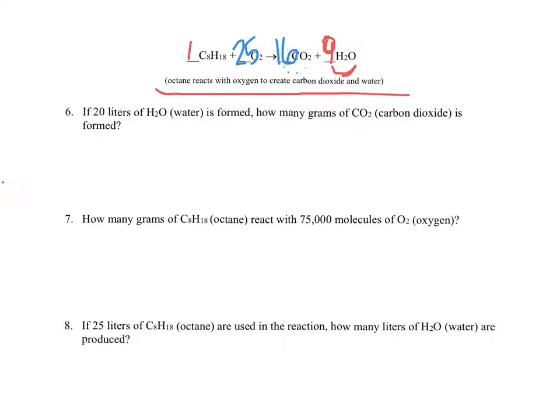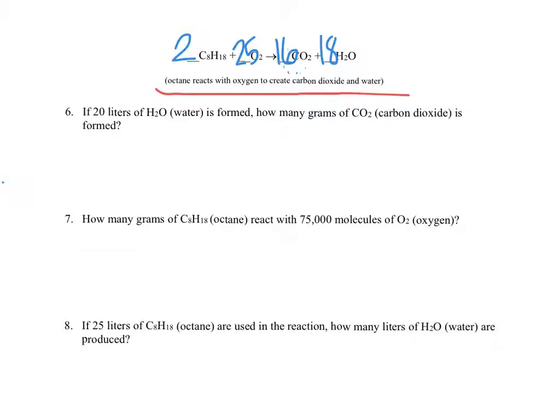I'm going to get rid of my 9 and double it and make it 18. And don't forget, get rid of the 1 and double it and make it 2. So now it's 2, 25, 16, 18. Everything is balanced.